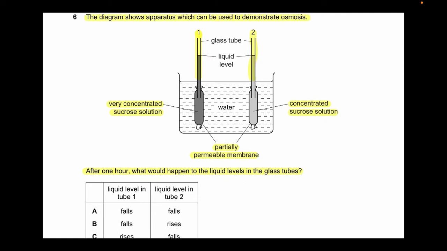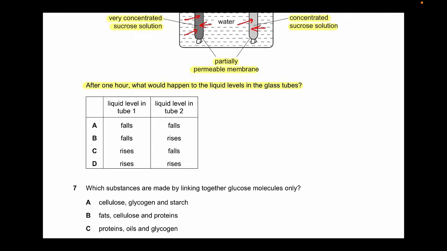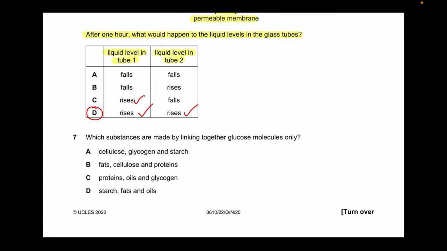Since they contain very concentrated or concentrated sucrose solution, both glass tubes are going to gain water because water is freely permeable through this partially permeable membrane. So in this case, the liquid level in tube 1 is definitely going to rise. The liquid level in tube 2 is also definitely going to rise. So option D is the correct answer.